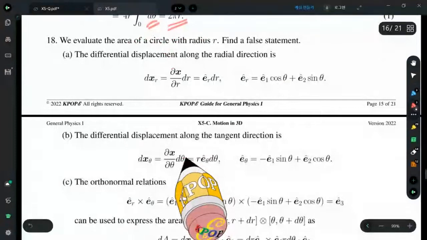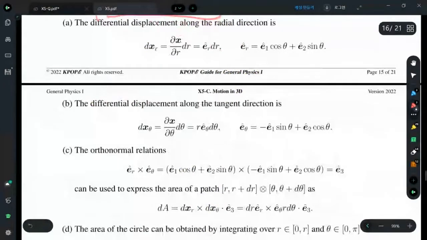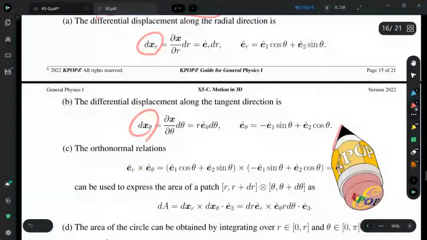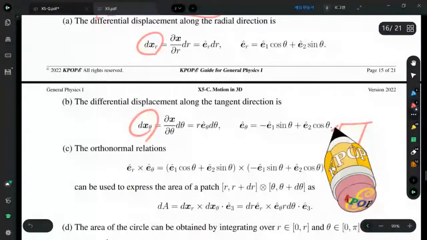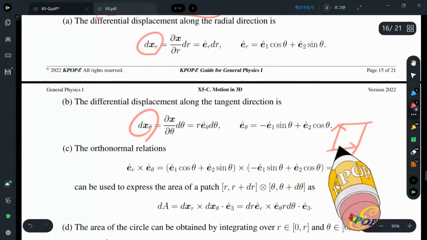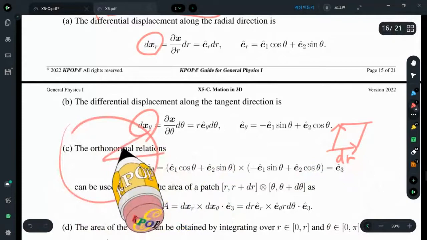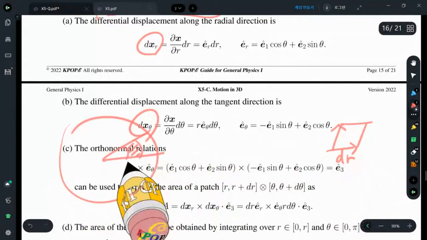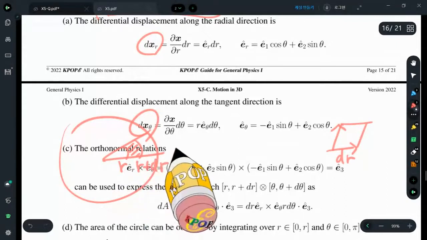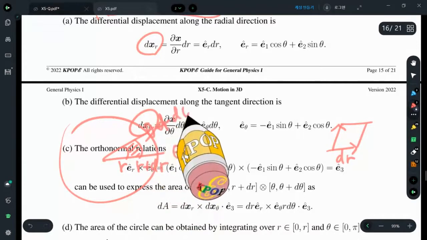Another way to evaluate the area of a circle, I can make use of these polar coordinates. Area of this element with radius dr, wait a second. r, dr, and we have theta here, theta plus d theta.